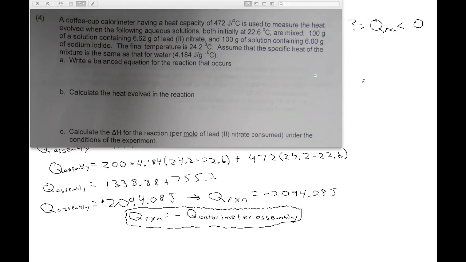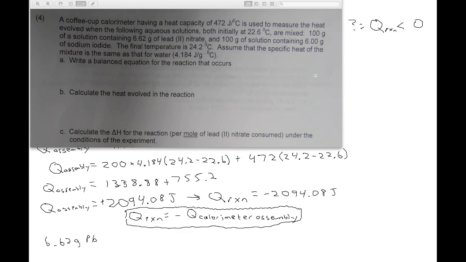Well, we can take 6.62 grams of lead-2 nitrate, and lead weighs 207.